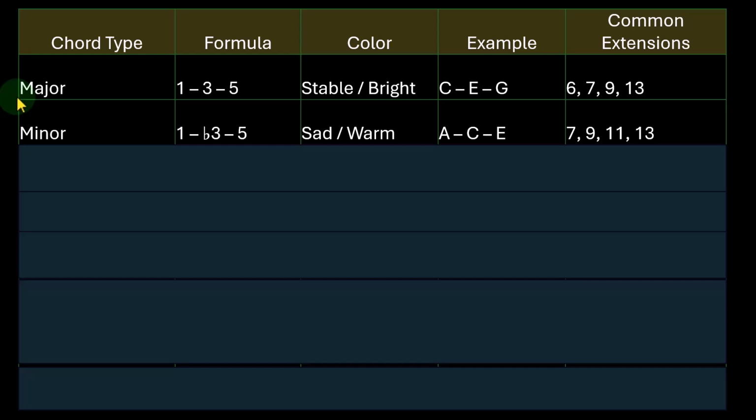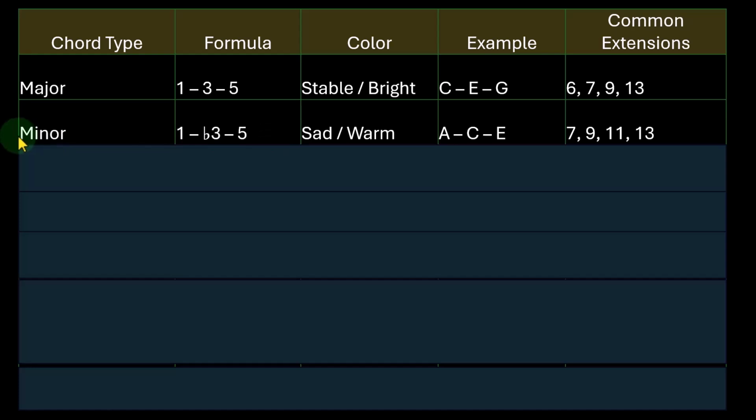But if I call them all major triads, it leads me to believe that I'm actually shifting the entire shape up, which isn't exactly correct. So it kind of leads to a mismatch of where it lines up on the fretboard, and it doesn't allow you to expand to things like adding the 6, the 7, the 9, and the 11 to them.